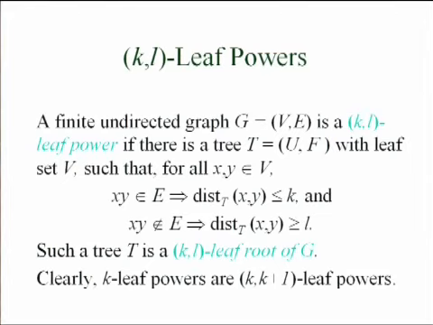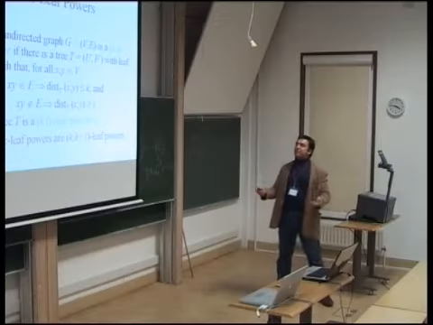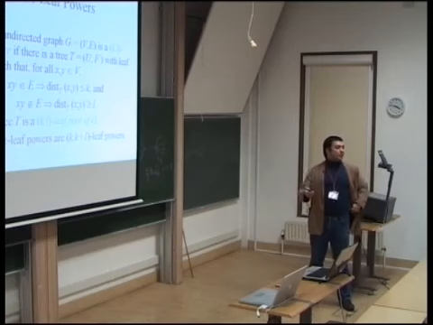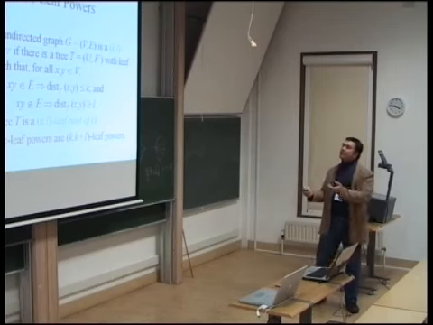For any given k, in any larger l, we get a subset of the k-leaf powers. And why is this important? Why is this necessary? I mean, anyone can come up with new notions and try to push the subject further, but does it make sense?